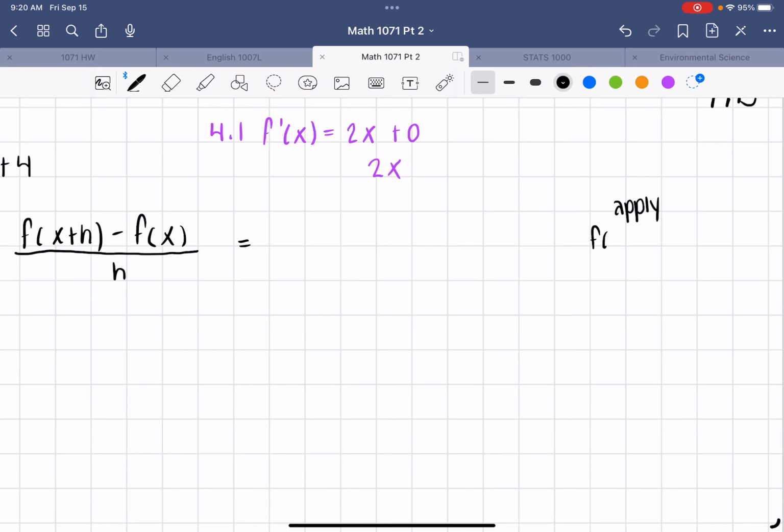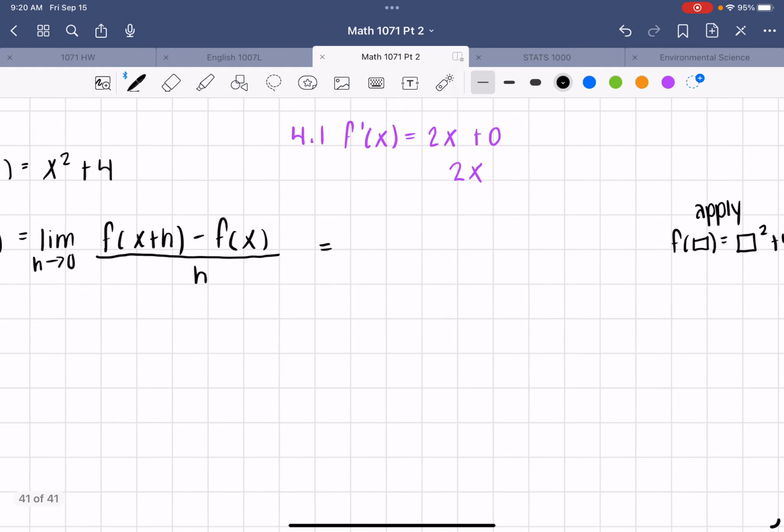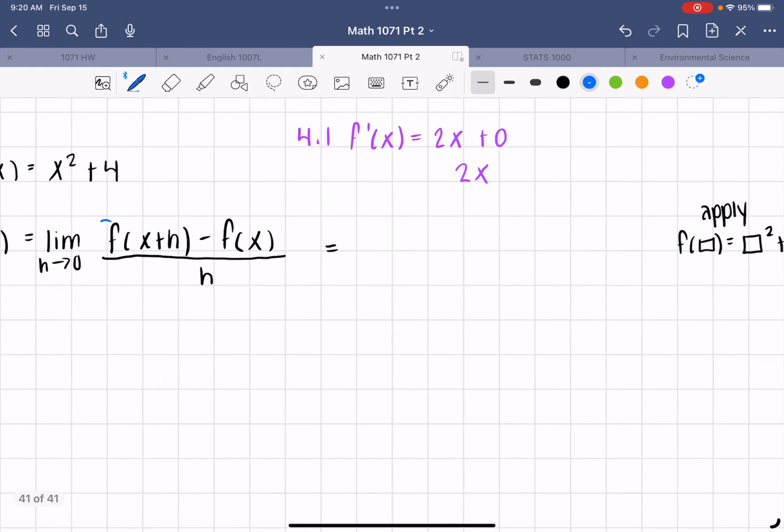So you're looking at the limit as h goes to 0 of, here in blue, take x plus h and put it into the box. The instructions say square it, add 4.